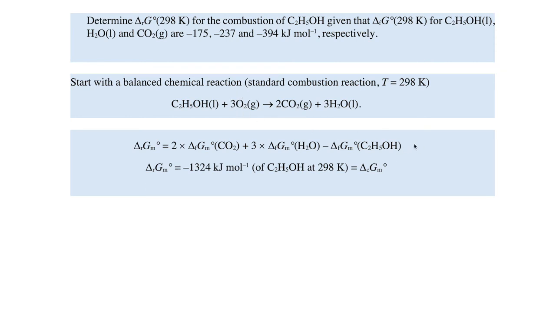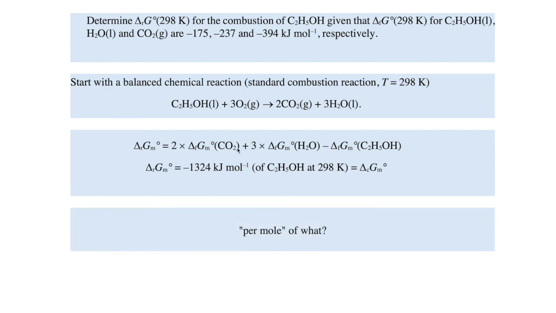We can forget that term here. And what we see is that delta G for this reaction is highly exergonic. This is a standard combustion reaction, so we could also label it as delta G of combustion with this C here. R is for a general reaction, C is specifically for combustion.